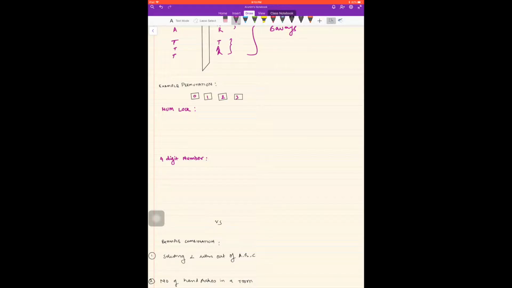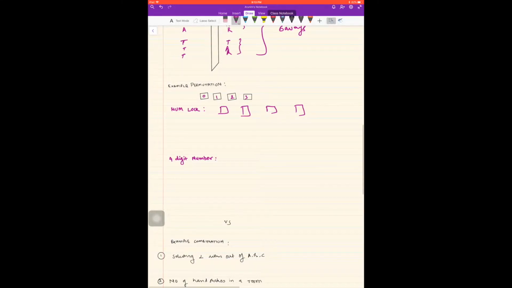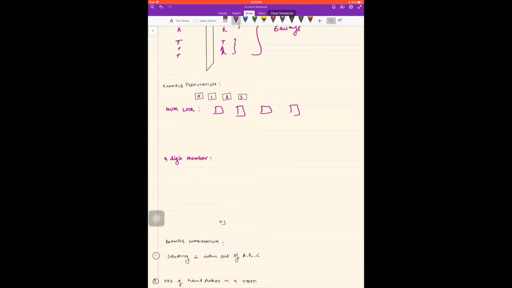I would just like to give you an idea. Let's have this. You can see there are four particular digits which you enter. Now this particular place can be filled in 9 ways. No, I'm sorry, it's not 9, it's 10 ways. How does that work?